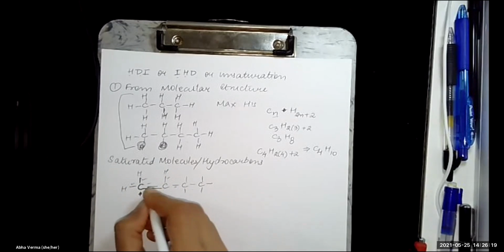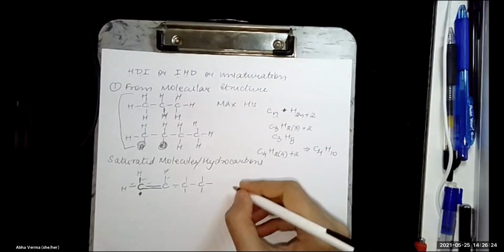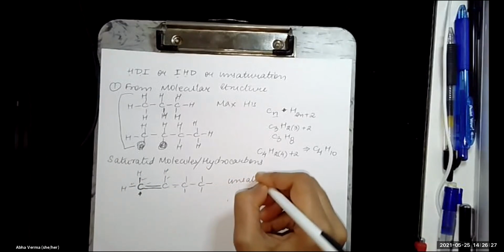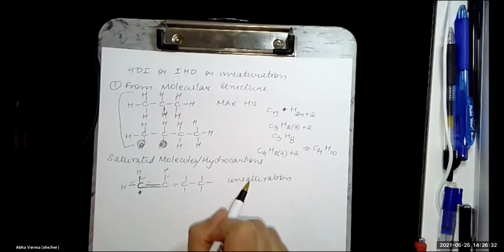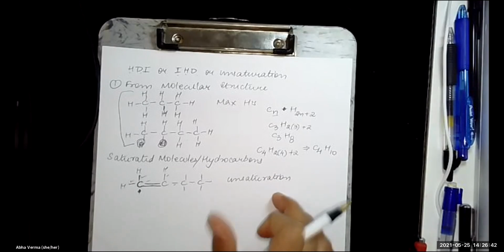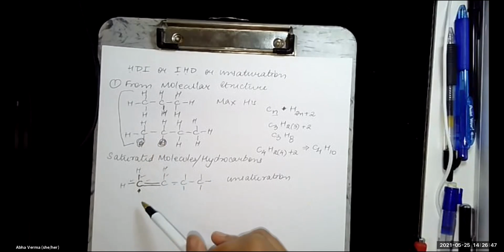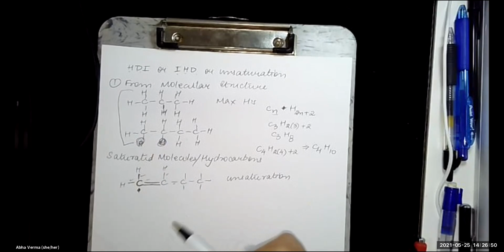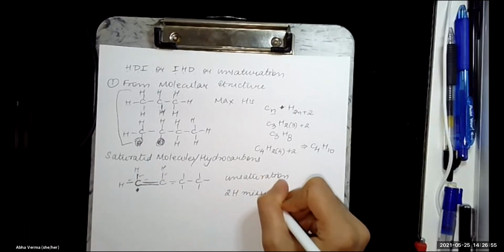So if I remove 2 hydrogens, I have introduced unsaturation. How is this relatable? The degree of unsaturation in the carbon chain indicates the number of hydrogens that are missing. So for example, 2 hydrogens are now missing, which will equal 1 degree of unsaturation.